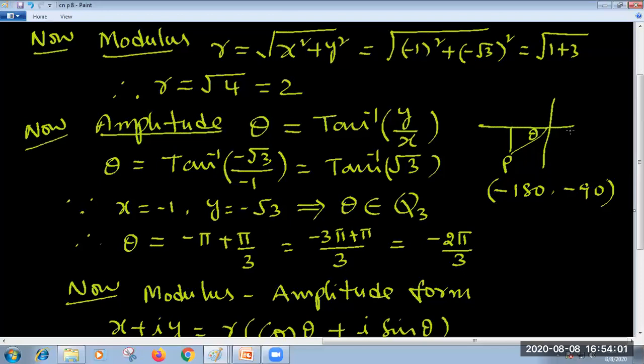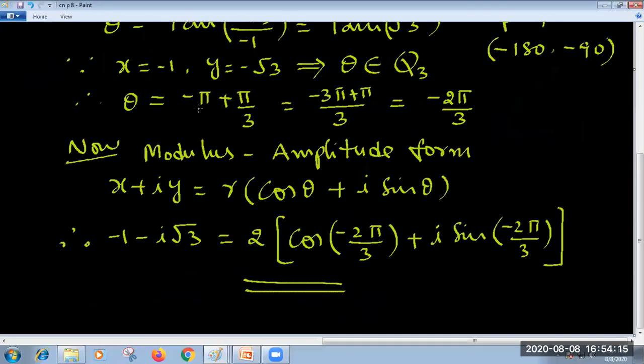And here we go in reverse for negative angles. In the fourth quadrant, this is minus 90 to 0. In the third quadrant, minus 180 to minus 90. So in that way, the angle is minus 180 plus pi by 3, so that is minus 2 pi by 3. So minus 120. Tan minus 120 is root 3.